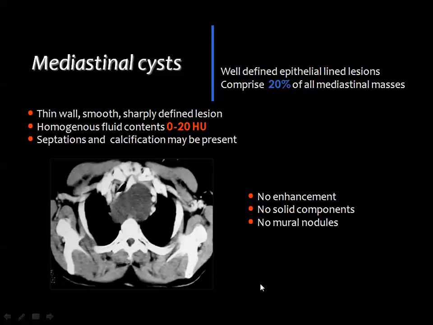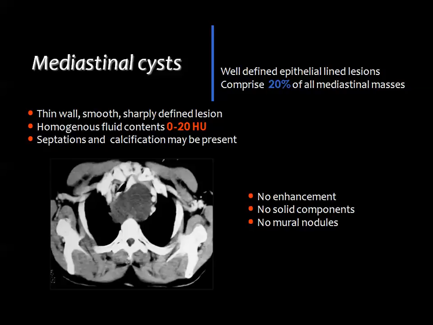Then cysts in the mediastinum are usually of benign nature, and they are filled with fluid density. And if you use MRI, they will show fluid signal intensity, low signal in the T1 and high signal in the T2 weighted image. And most of the mediastinal cysts will show the typical benign cyst criteria, including the 3 positive and 4 negative criteria.